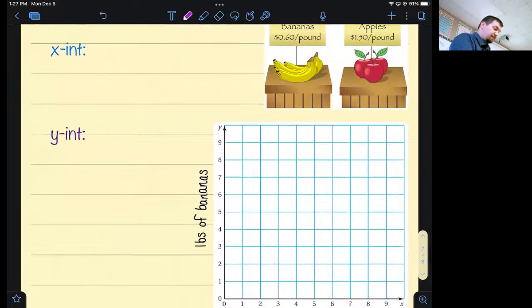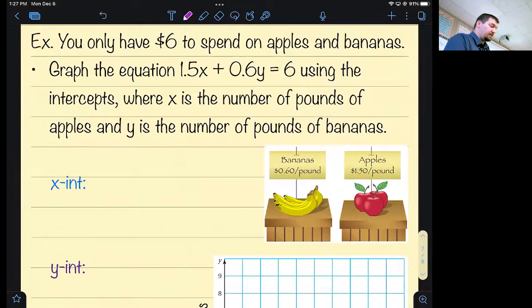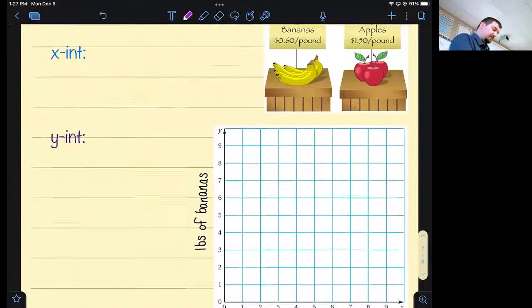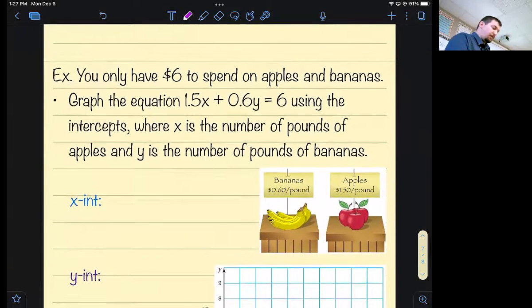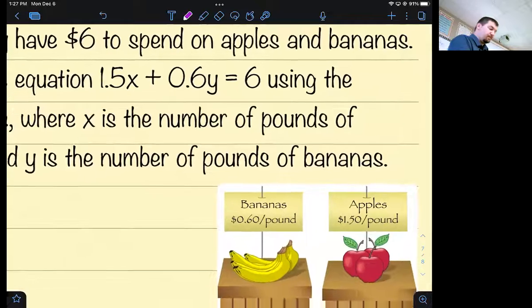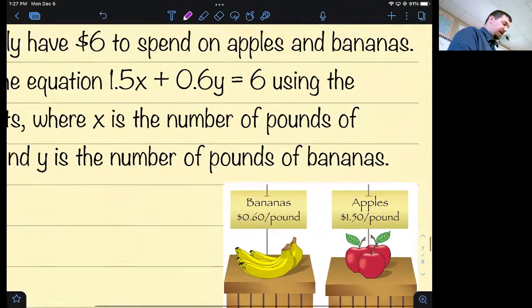So x is the pounds of apples axis, and y is the pounds of bananas axis. You can tell pretty easily where these numbers came from. The bananas are 0.6 or 60 cents a pound, and the apples are 1.5 or $1.50 per pound, just like we did the Swiss cheese problem. It's kind of the same thing.